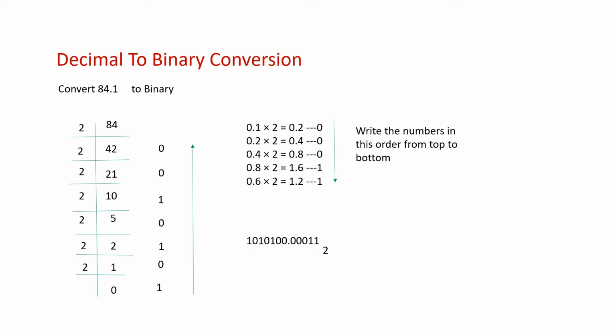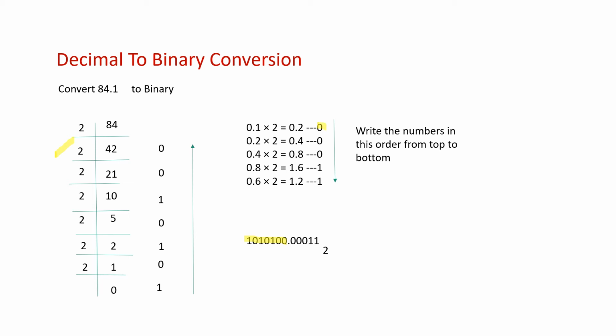Here we are taking the example 84.1. 84 is the integer part, and by repeated division by 2 we are getting the binary equivalent, which is 1010100. For the number after the decimal point we are going to repeatedly multiply by 2, and the integer parts we are getting by repeated multiplication are 00011.